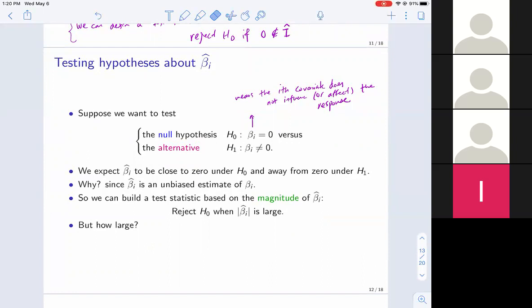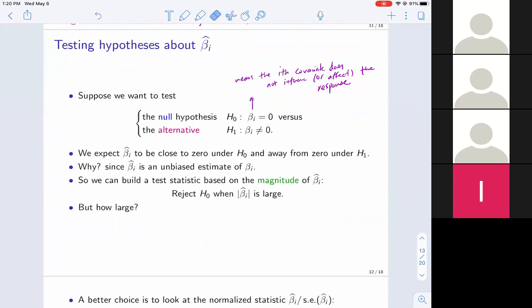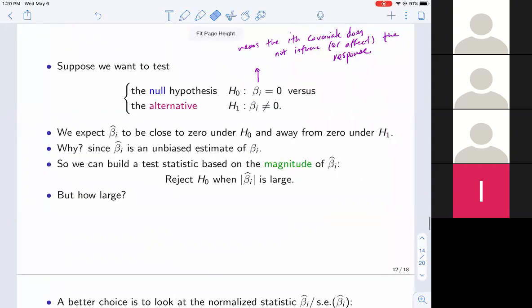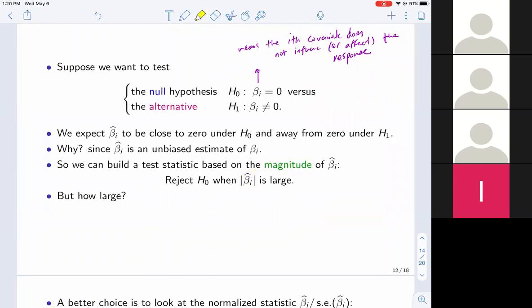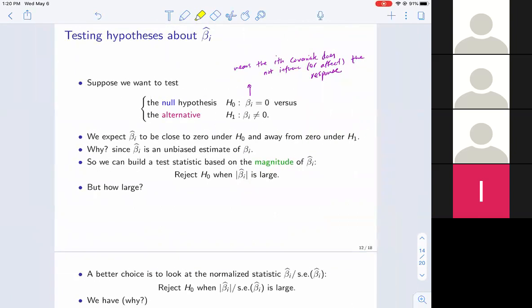But the issue is that we need a sense of a scale. So how big beta hat I should be before we reject. And so that's the main issue with hypothesis testing. So let's say I build a test that rejects based on the magnitude of beta hat I. So if the absolute value of beta hat I is large, I reject it. If not, I just want to quantify how large beta hat I needs to be.